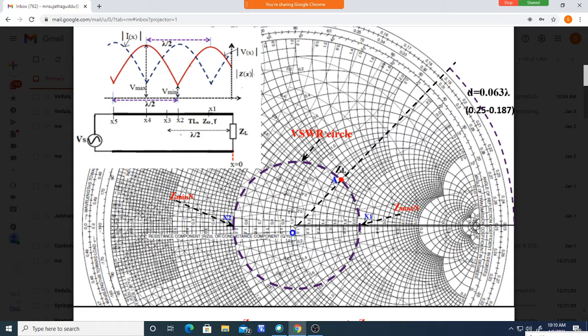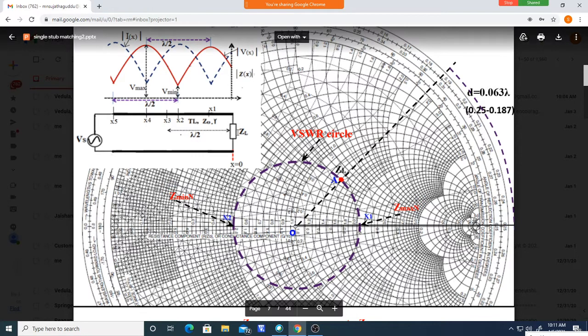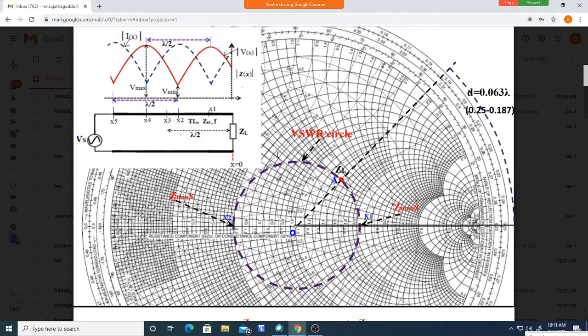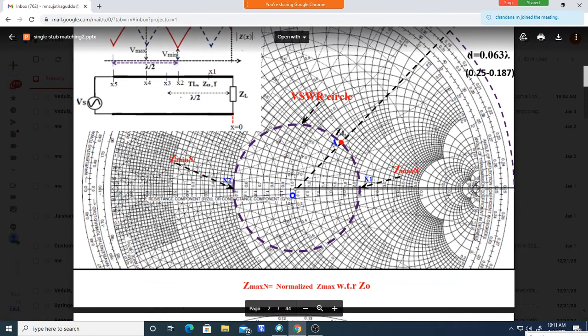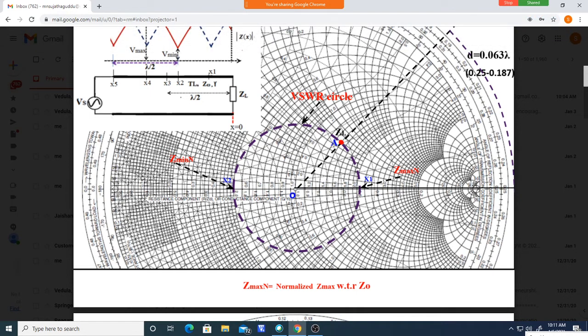If you move from the load to x1, that distance from the load point to x1 you can measure here, and we can measure the impedance at this position. As we saw in the previous class, wherever this VSWR circle cuts the right side of this Smith chart, we will observe there exists a maximum impedance.